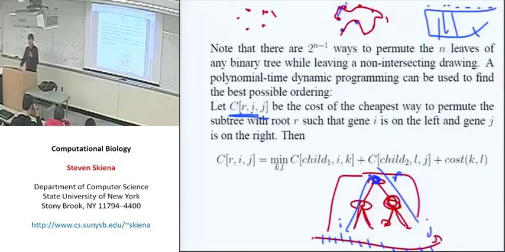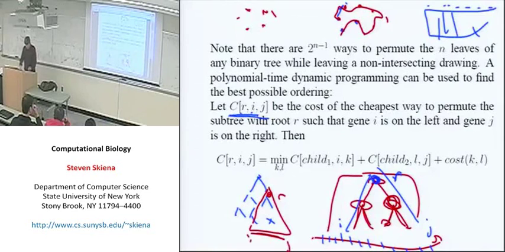Let's think about what I'm saying here in my function. You give me your tree. For every node R, I'm going to find the best way to draw that subtree, where for every pair of leaves I and J below it, I am going to figure out the cheapest cost of this subtree with I on the left and J on the right. That's my criteria.